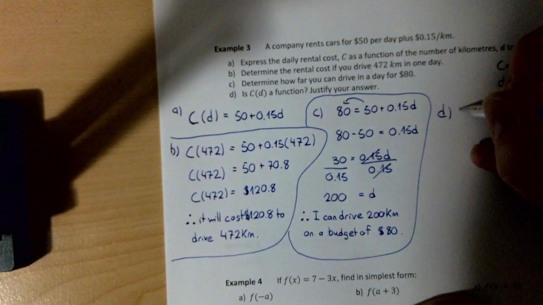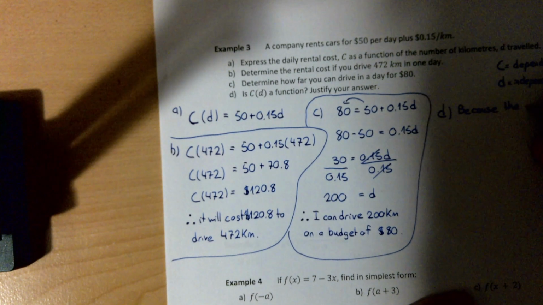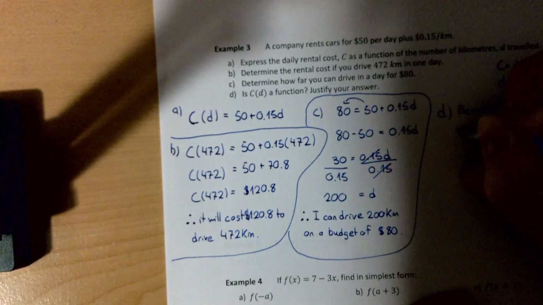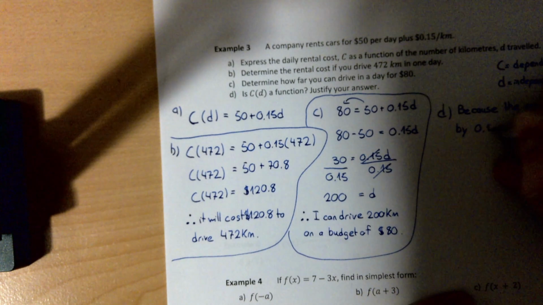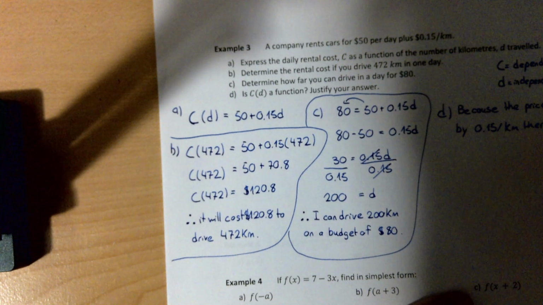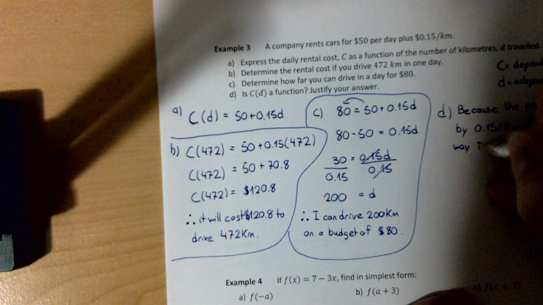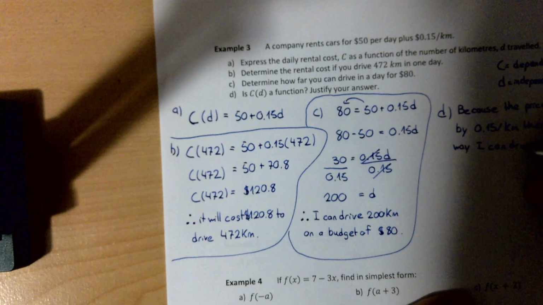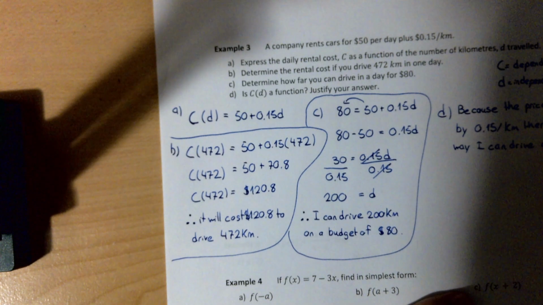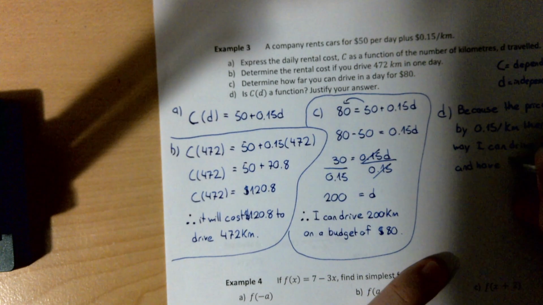So basically, because the price goes up by 15 cents per kilometer, there's no way I can drive any distance, whether this be a short distance or a very far distance, and have two different prices to pay.